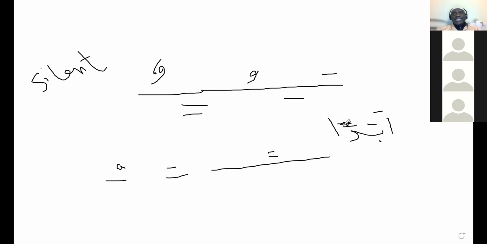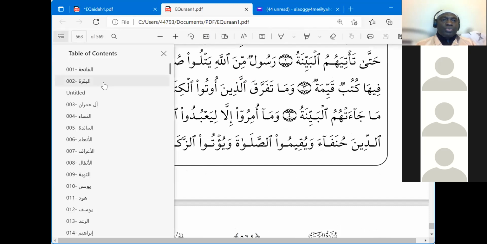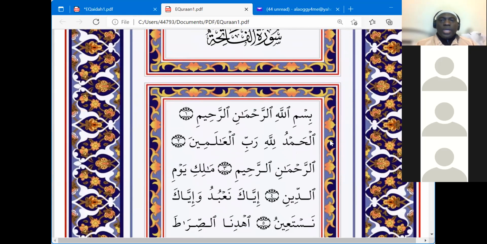I cited an example the other time, when you are doing Surah Al-Fatiha. Am I sharing my screen? Yes, sir. So if I read Ba Kasra B, Sin Sukun Bis, Mim Kasra Mi, Bismillahi, Rahmani, then Rahim.